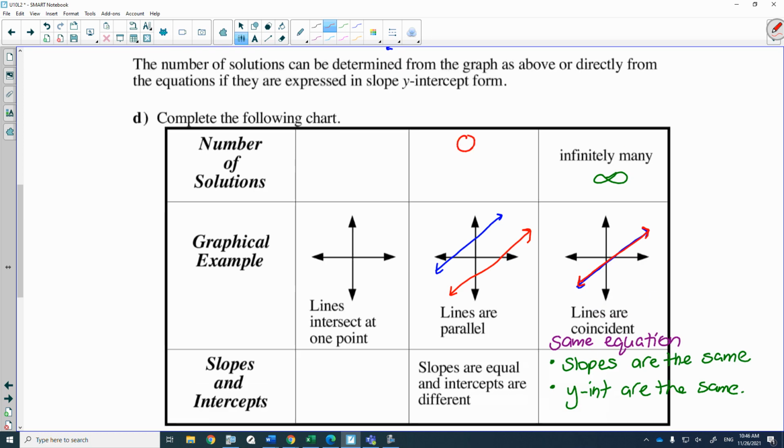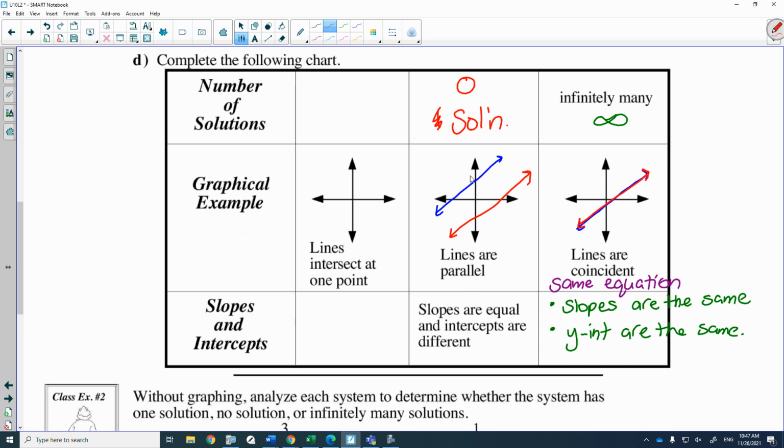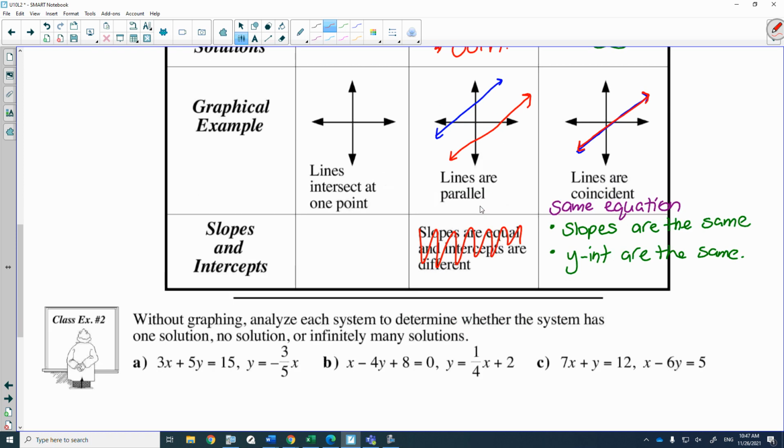So write 0 or no solutions. Again, you need to be able to tell me about the slopes, and actually it says here, but I'm just going to cross it out because you need to be able to understand this. You need to know about the slopes of parallel lines and the y-intercepts. So if they are parallel, slopes are what? Yes, slopes are the same.